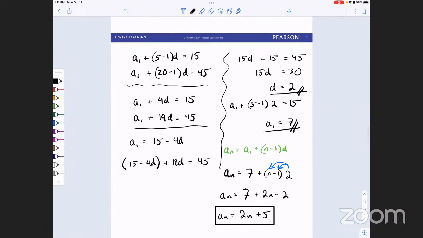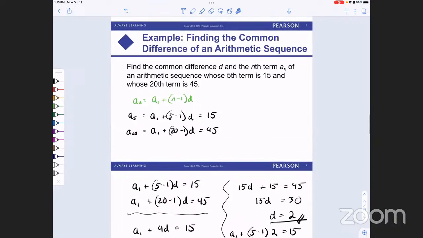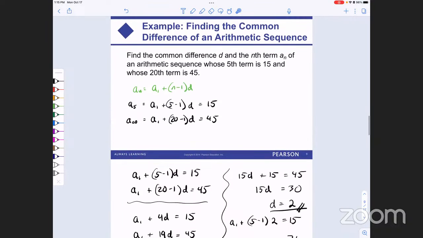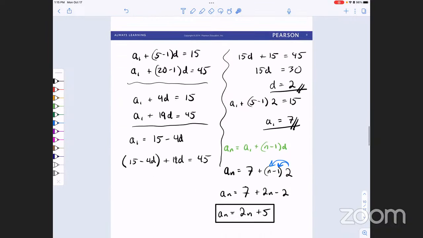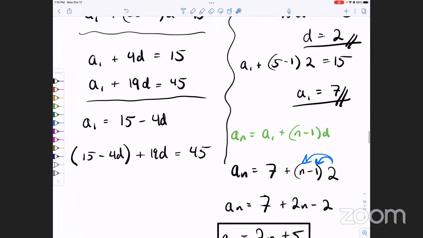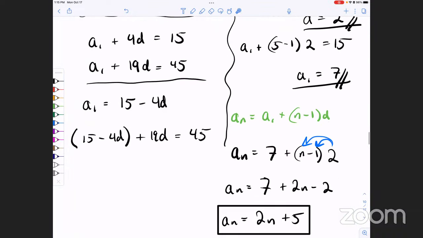So if n is 5, 5 times 2 is 10, plus 5 is 15, so that one checks out. And then when n is 20, the output should be 45. 20 times 2 is 40, plus 5 is 45. So I can be confident in the 2n plus 5.